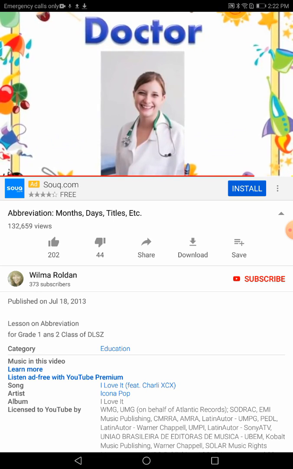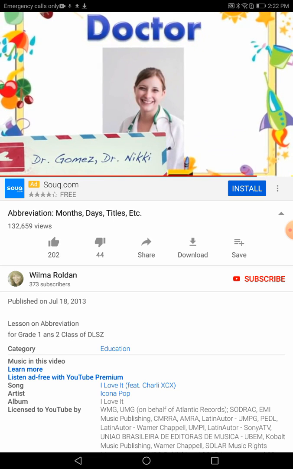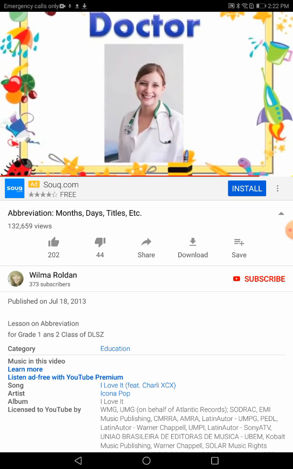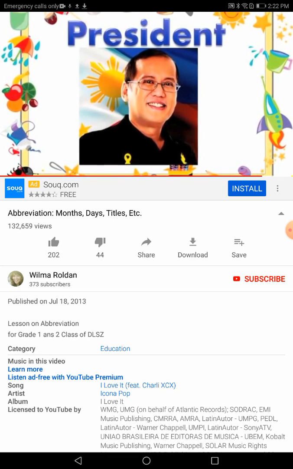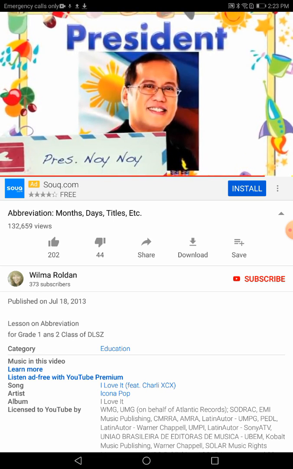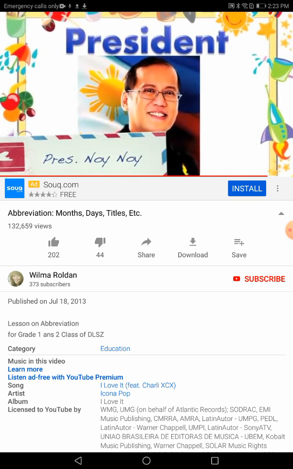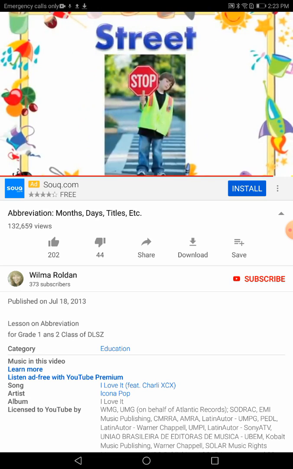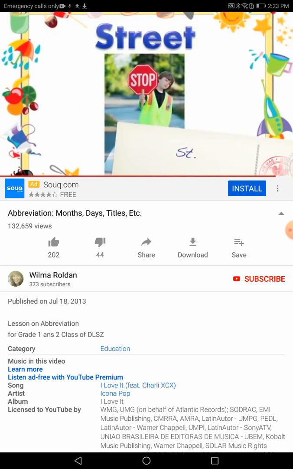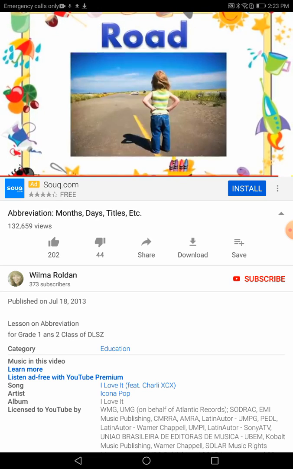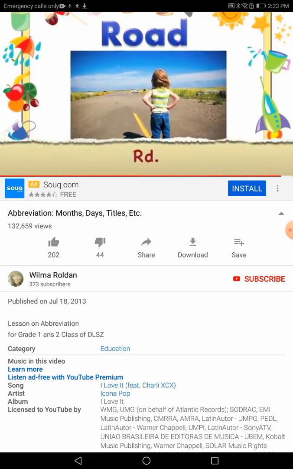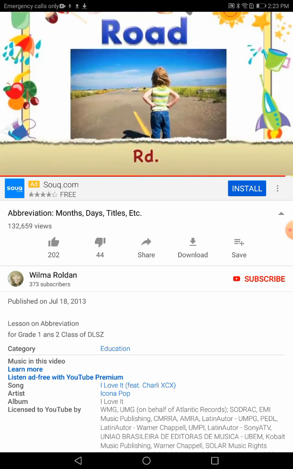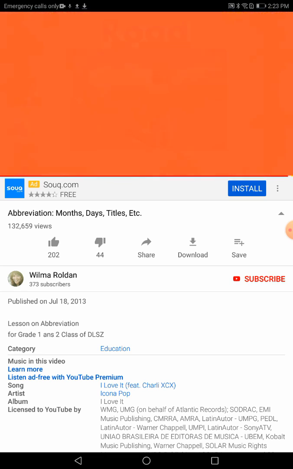Doctor, it will be capital D, small r, then a dot and the name. President, it will be capital P, small r, E, S, with a dot. Street, it will be capital S and small t with a period. Road, it will be capital R and D with a period. It's an abbreviation form of road.